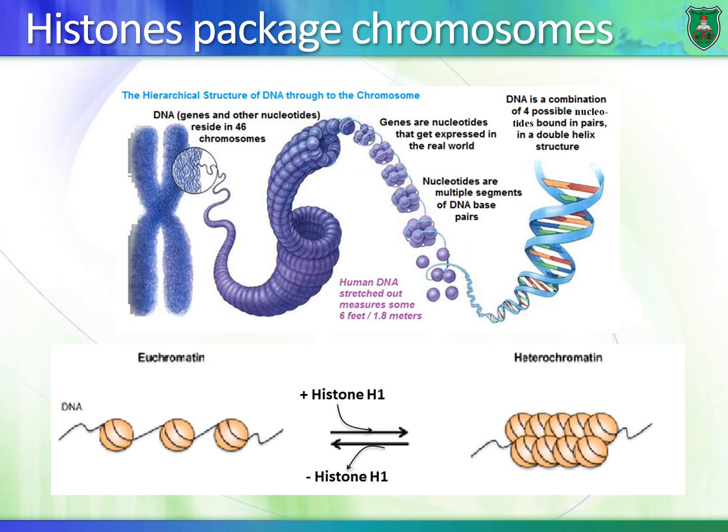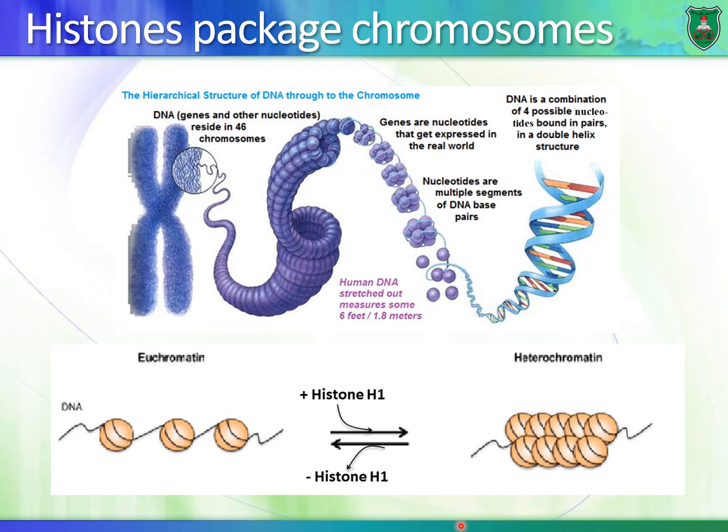Now, the thing with histones is that they bind to DNA forming a chromatin. Again, a chromatin is a combination of DNA and proteins, specifically histones, and the DNA is packed. So it keeps on coiling and looping, forming a compact structure of DNA.